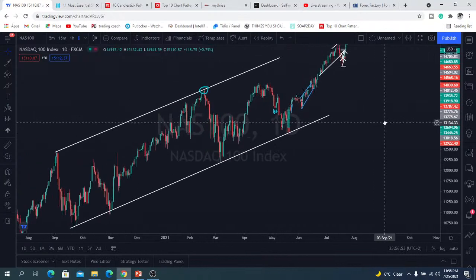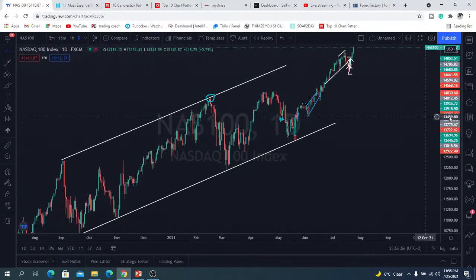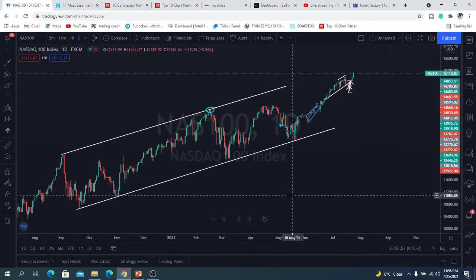I'll just explain. As I said, we start on a daily time frame to analyze the long-term move. Obviously, Nasdaq is a bullish market, so our trend is bullish. But that does not mean we will forever go up.